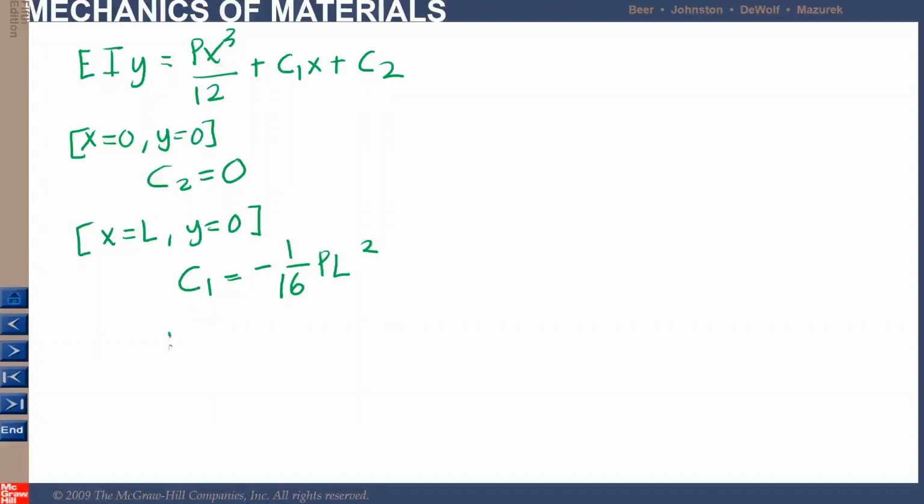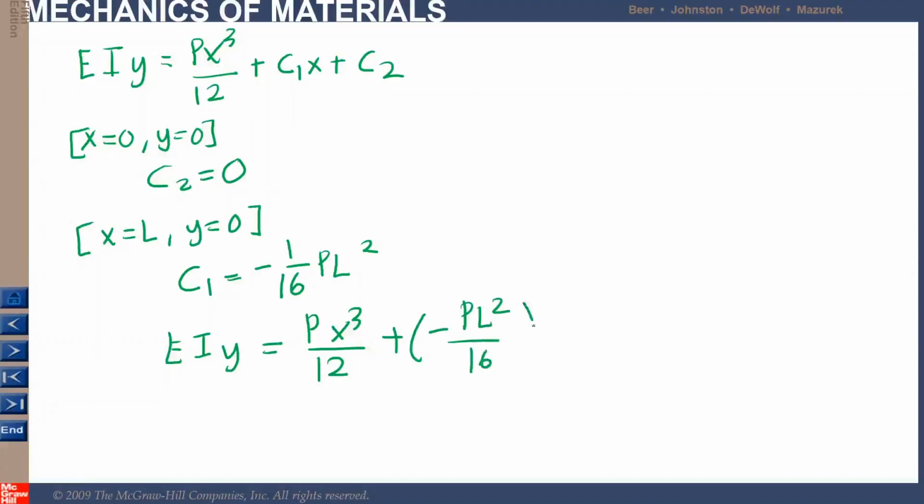Now we can put the value of C1 and C2 into this equation here and we will get EIy is equal to Px cubed over 12 plus minus PL square over 16, plus 0.